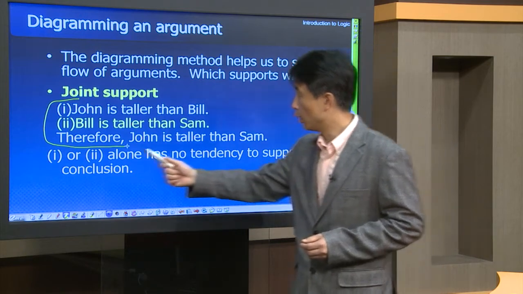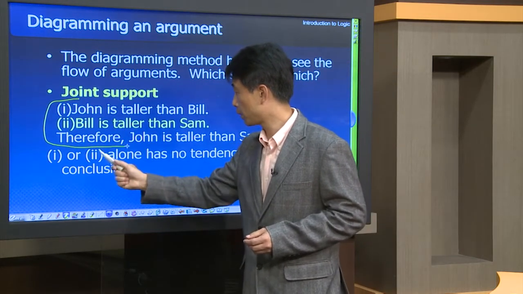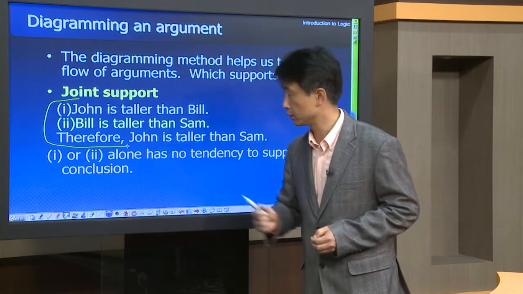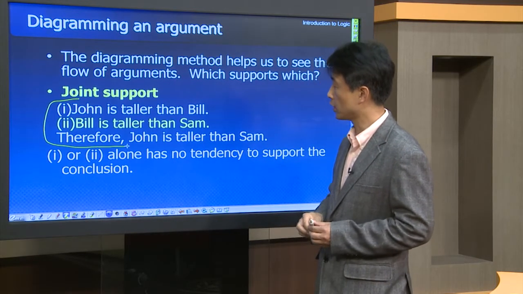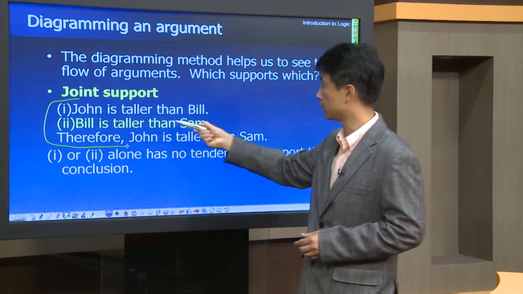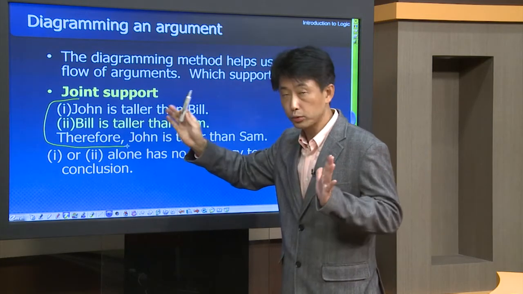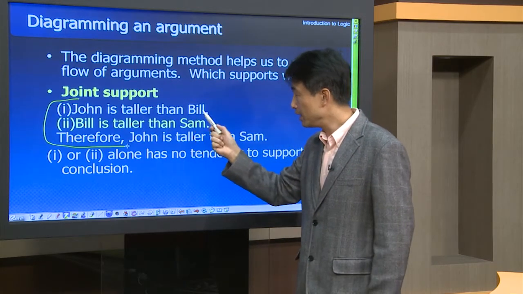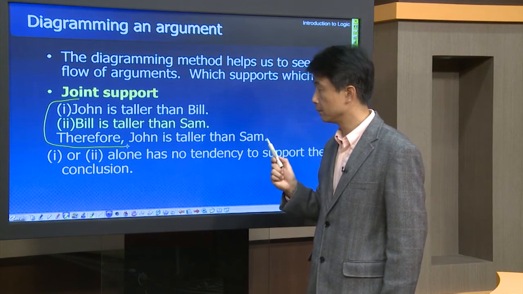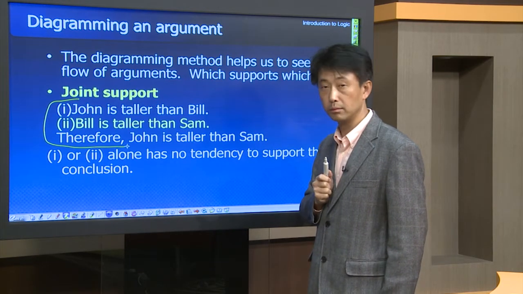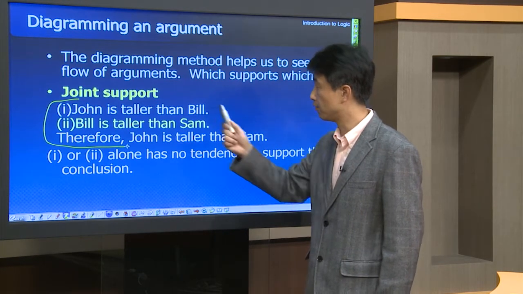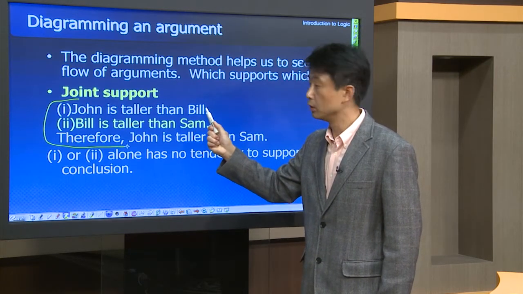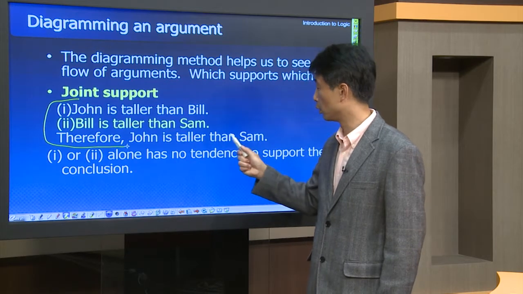Notice that the first premise or second premise alone has no tendency to support the conclusion. Suppose you just ignore the second premise. Suppose you just have John is taller than Bill. Does that mean that John is taller than Sam? Not at all. Right? The first premise alone has nothing to suggest that John is taller than Sam.